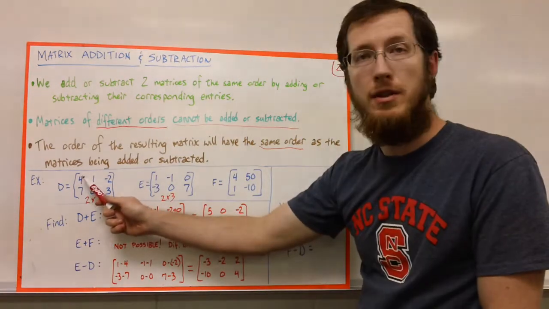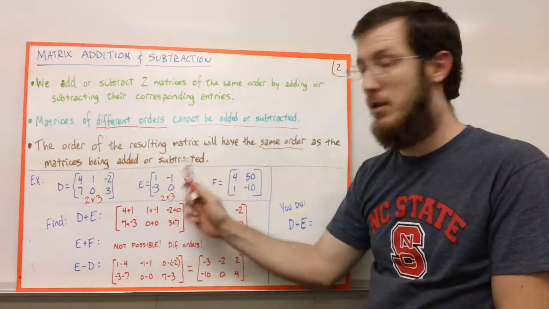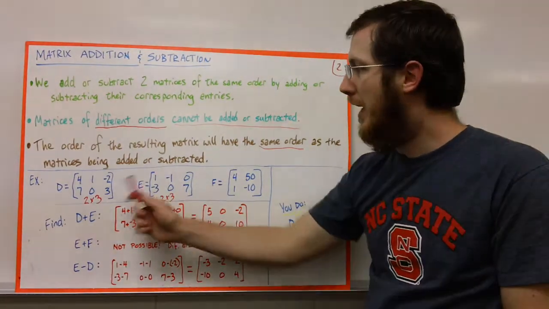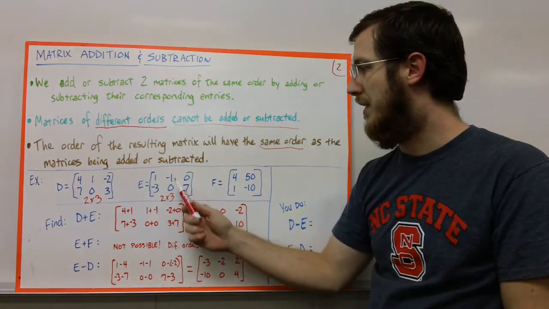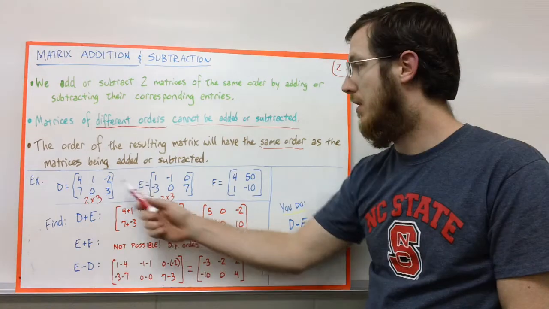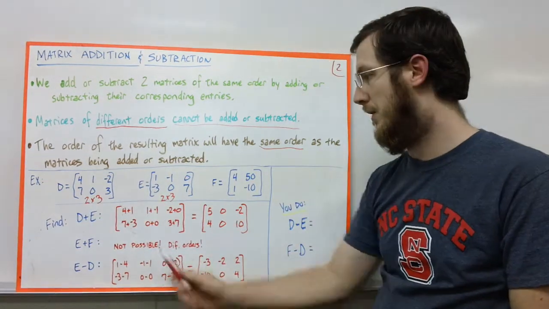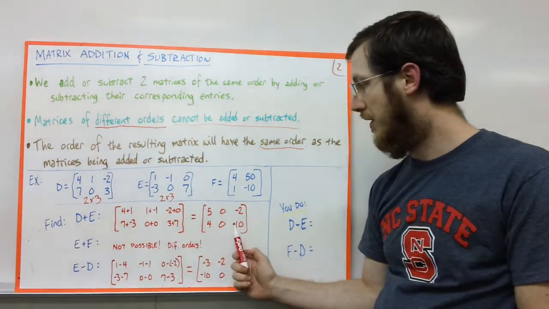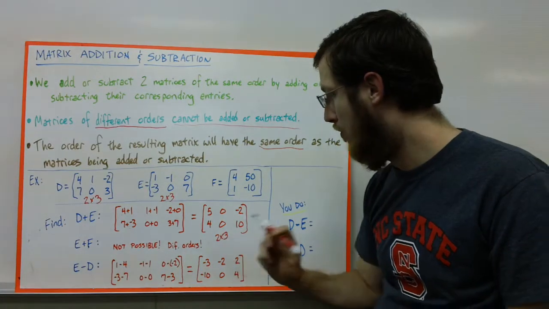The entry in the first row, first column of D, 4, plus the entry in the first row, first column of E, 1. Across the first row, second column, 1 plus -1, then -2 plus 0, and we do the same thing for the second row. We simplify each of those, and our resulting matrix is again a 2 by 3 order matrix.